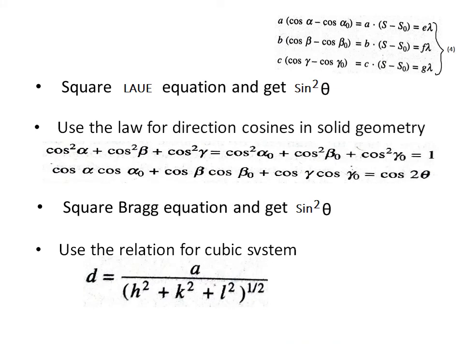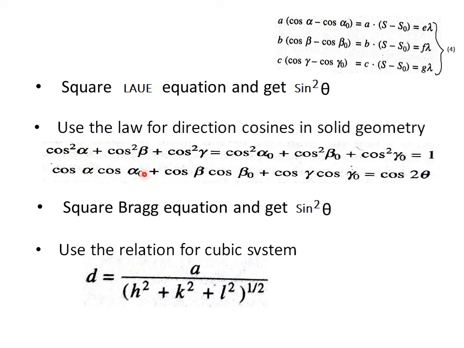Now we will look at these, which are the LAUE equations. What we have to do is we square and add the left hand side and right hand side of the LAUE equations. We rearrange them and we will get sine square theta. For that we make use of these equations, which is actually the law of direction cosines in solid geometry.